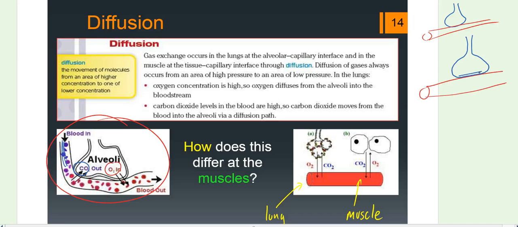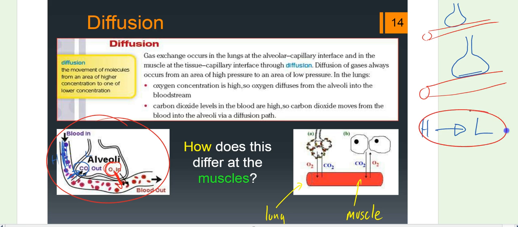Things move from a high pressure to a low pressure. So at this point over here, we have a lot of carbon dioxide in the blood. It's high in the blood and low in the alveoli, so it will move from the blood to the alveoli. We've breathed in, so we have a high amount of oxygen in the alveoli and a low amount in the blood, so it moves from the alveoli to the blood.